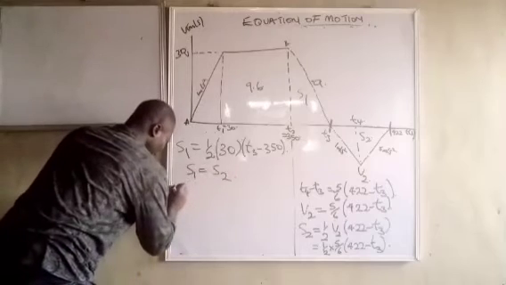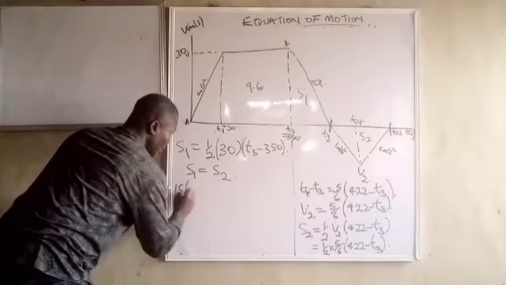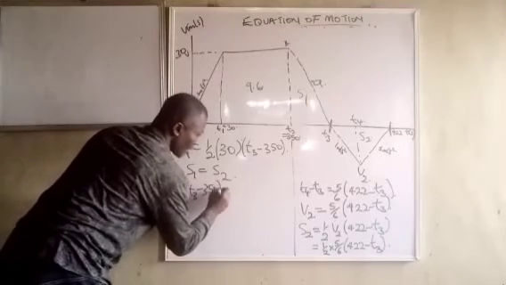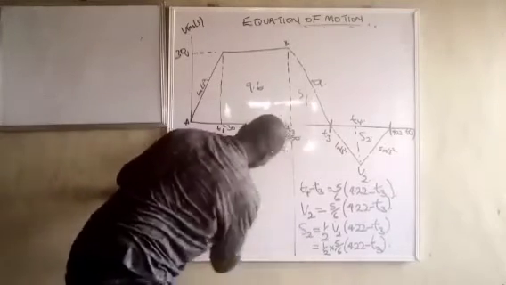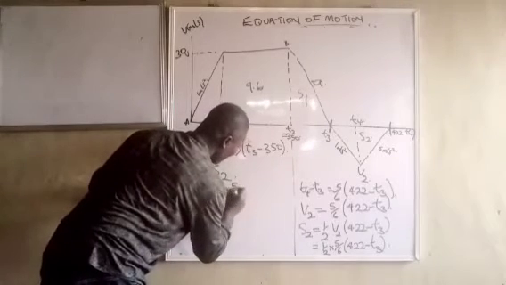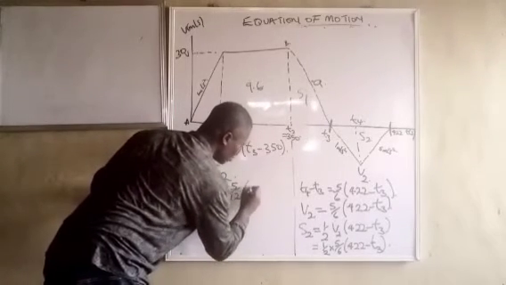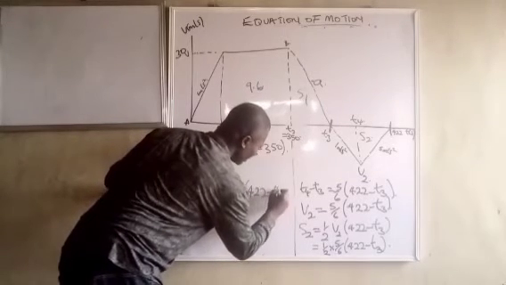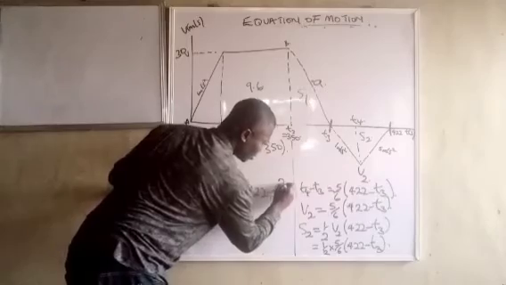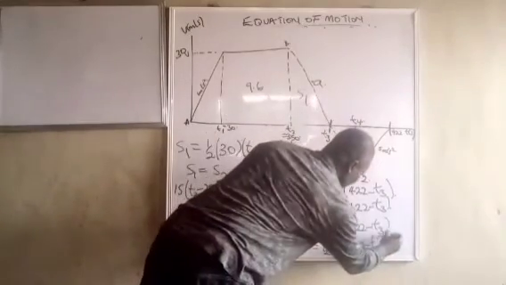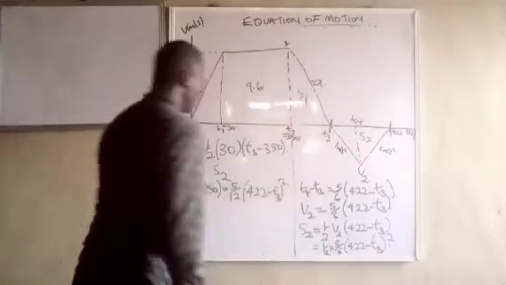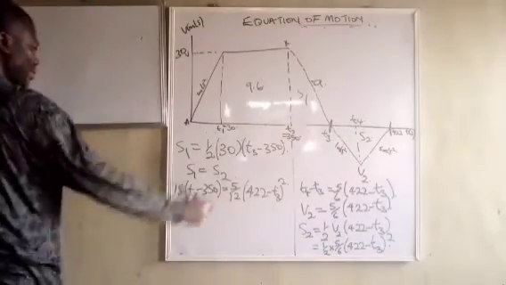So we have 15 into T3 minus 350 will be equal to 5 over 12 into 422 minus T3 squared. Please, this one should be squared. This is V and this one is squared.